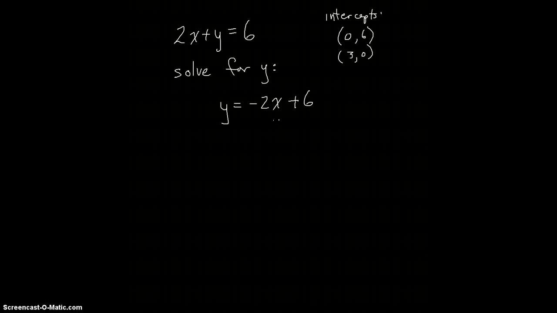Well, notice if I were to put 0 into this equation, right, if I let x equals 0, this term goes away, and I'm left with y is equal to 6. So it turns out that this number right here, this number is the y-intercept.